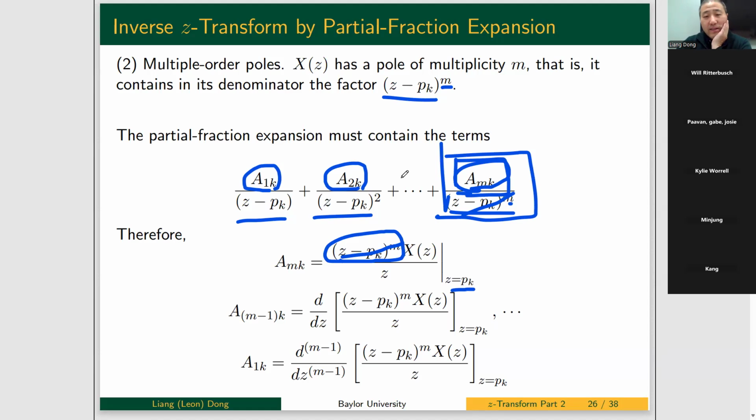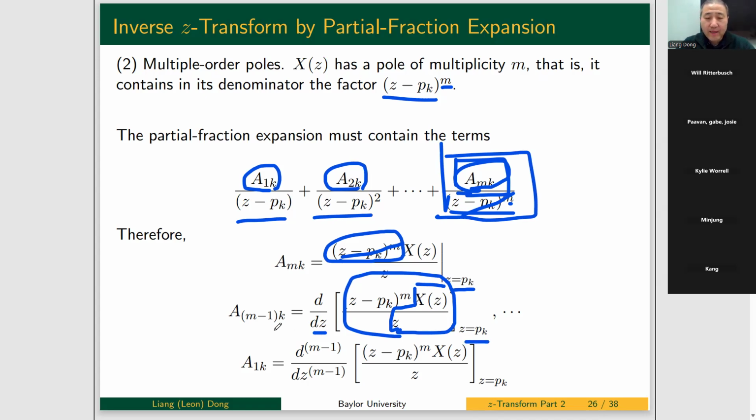How do we do the other a sub k's? We need to do a little more calculation. I take the entire term, X(z) over z, and multiply by z subtract p sub k raised to the power m. Then I differentiate with respect to z, and plug in z equal to p sub k.